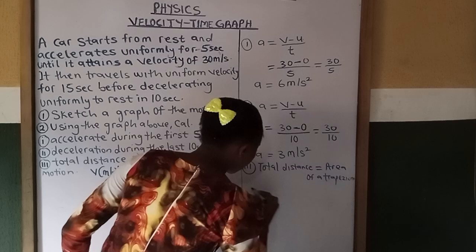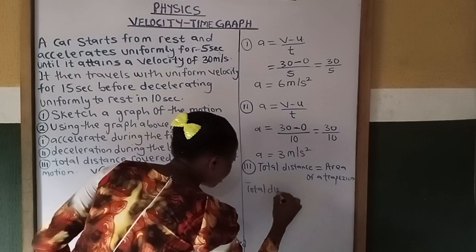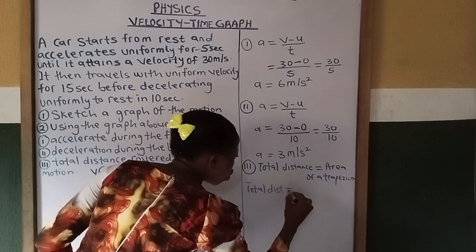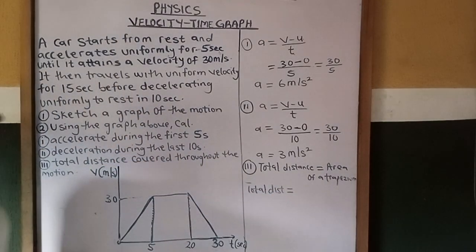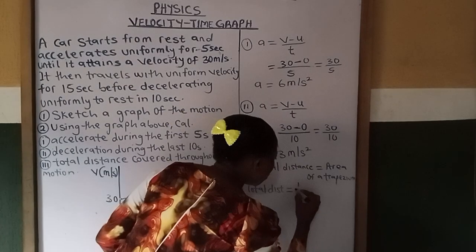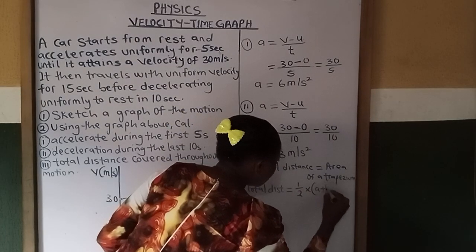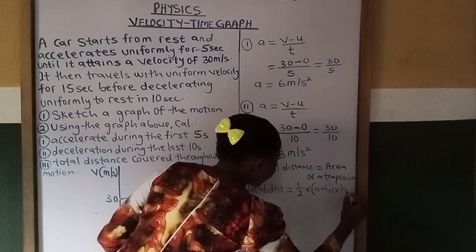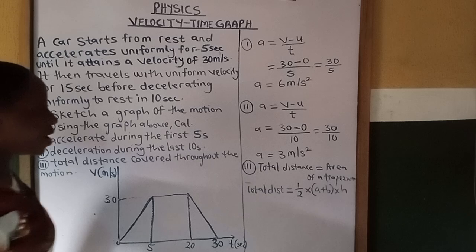So what is the formula for calculating the area of a trapezium? That is 1/2 times (a plus b) times height.